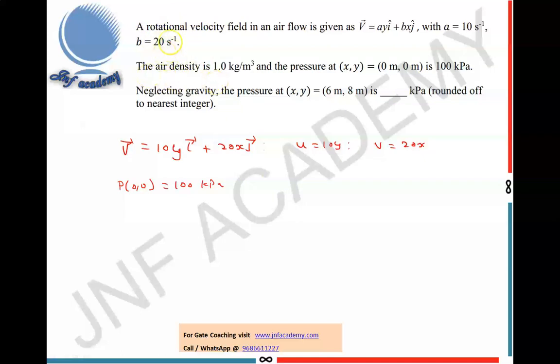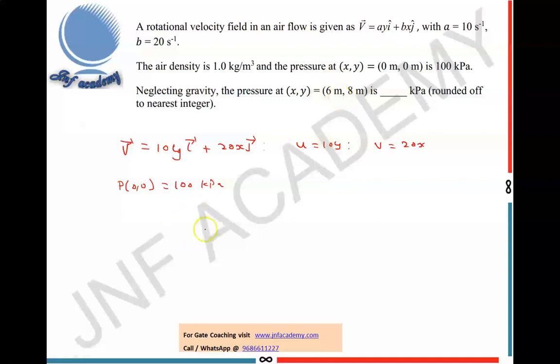But that's where it is clearly given that it is a rotational velocity field. So it's a field. The velocity vector is given for a field. Similarly, you derive a pressure form for the given field using this velocity vector. Once you get the pressure for the given field as a function of x and y, then you substitute the value of your x and y, then the pressure value will get it.